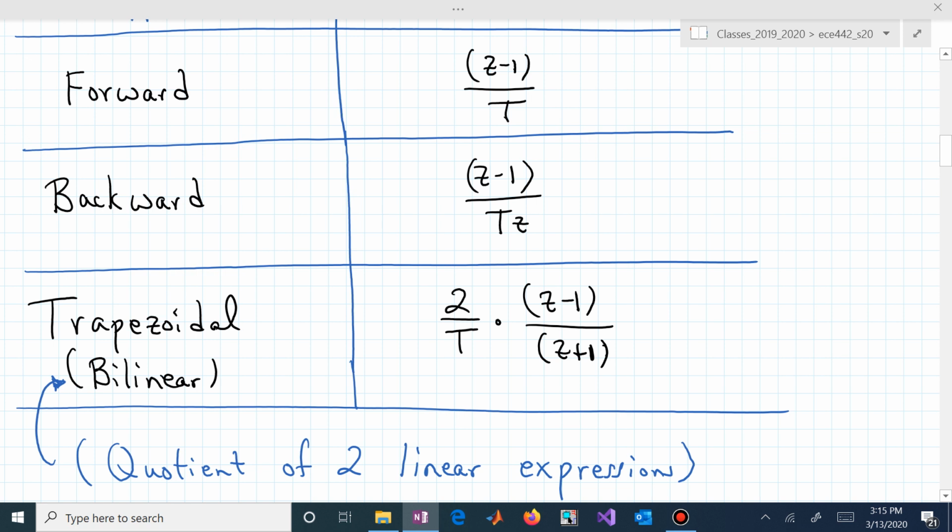Those were our substitution relationships that we would use in place of s. Wherever s occurred in the H of s expression, we would replace it with one of these expressions in z, whether we wanted to do the forward, backward, or trapezoidal, or Tustin, depending on what you're reading. The trapezoidal might be referred to as bilinear, it might be referred to as trapezoidal, it may be referred to as Tustin. But any of these is what you would use to find a numerical integration discrete equivalent.